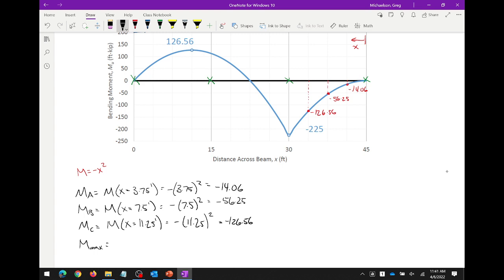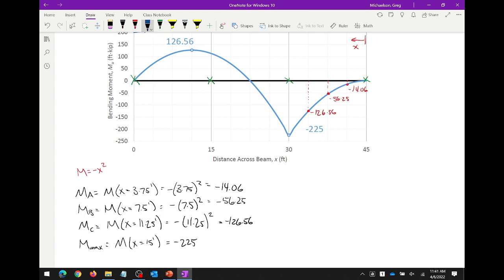What is the biggest value moment along this entire segment? Negative 220, no, not MC, it's this one. It's at the end, right? It doesn't have to be one of these three. It's just the absolute maximum moment along the entire segment. And that's M at x equals 15 feet, which is negative 225.